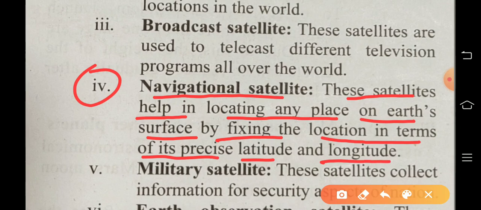I think in mobile apps nowadays there is an app, that is map. With the help of Google Map, we find out the location of any place or the distance between places. So exactly we are getting the latitude and longitude of the place on the earth.